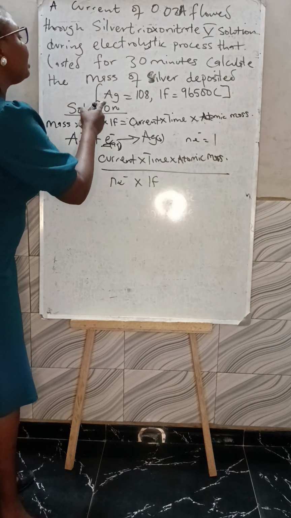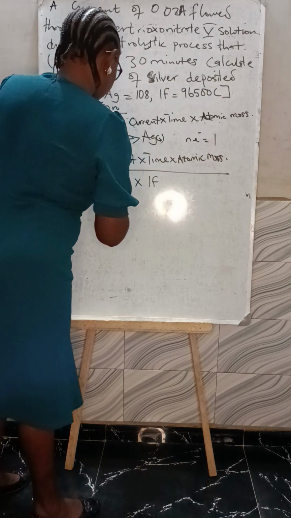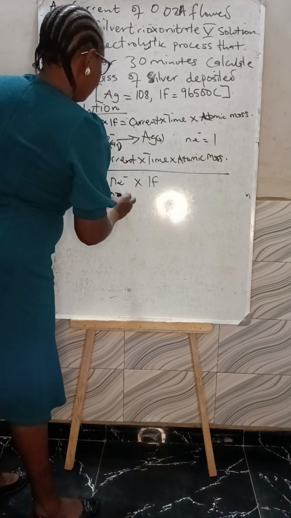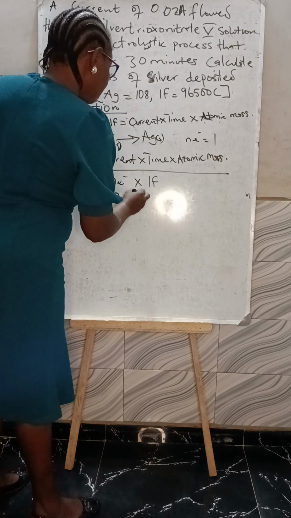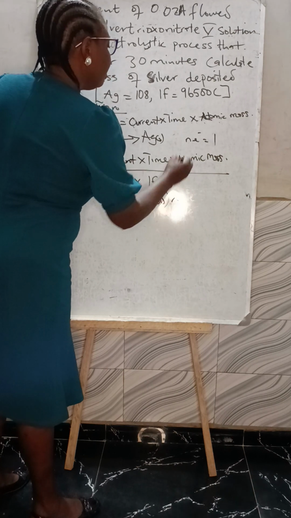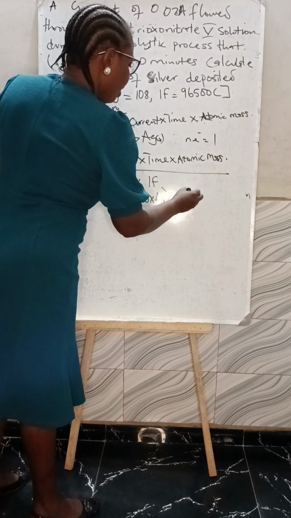So the current here is 0.02. And what is the time? 30 minutes. If you are converting, it becomes 30 times 60. What is the atomic mass of silver? 108.